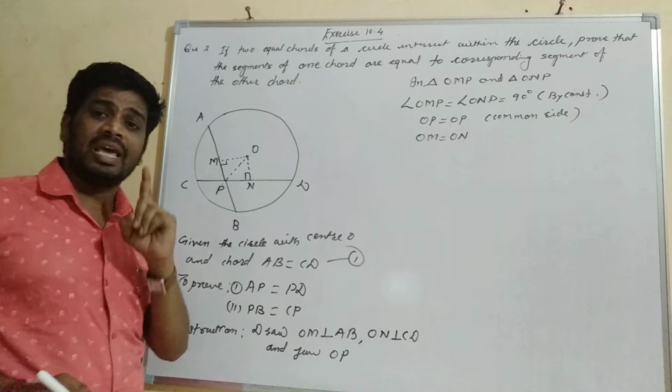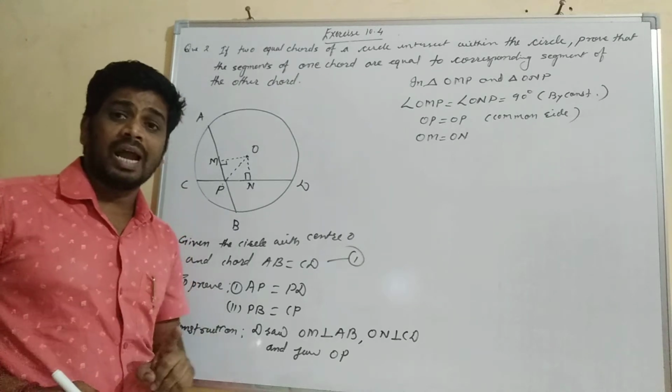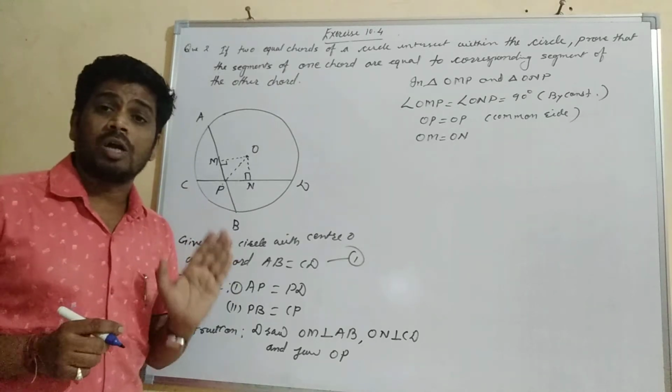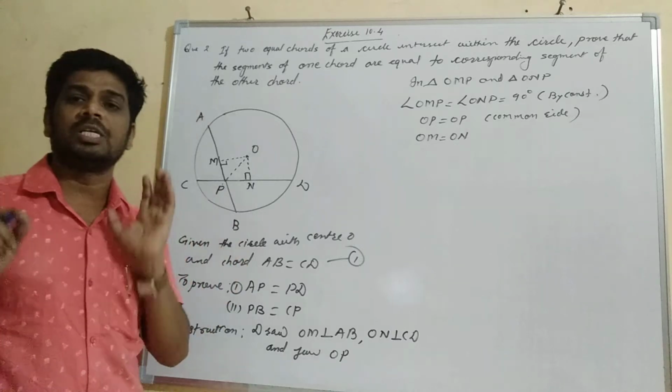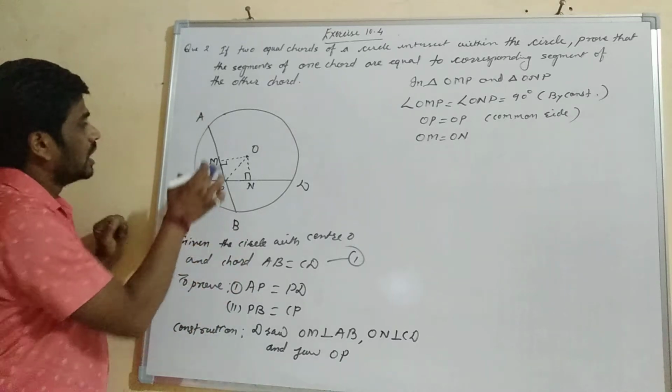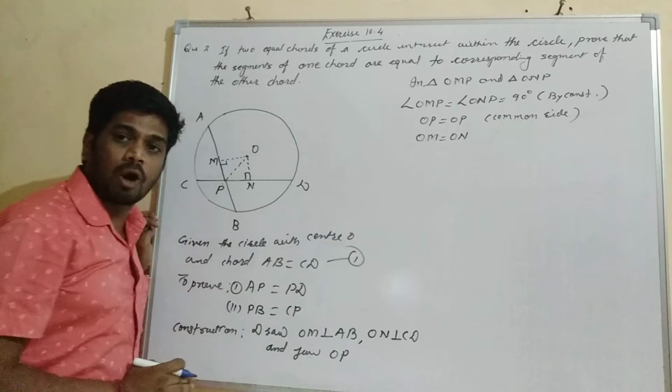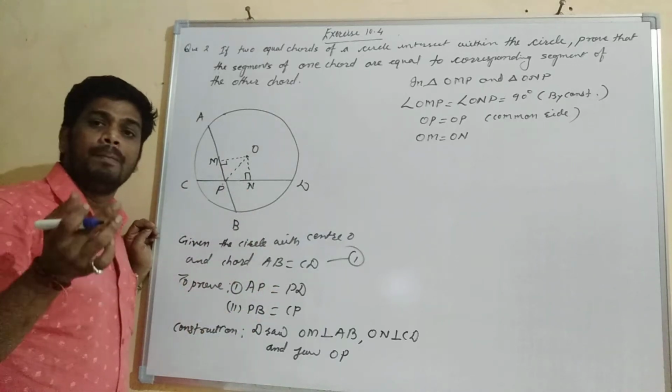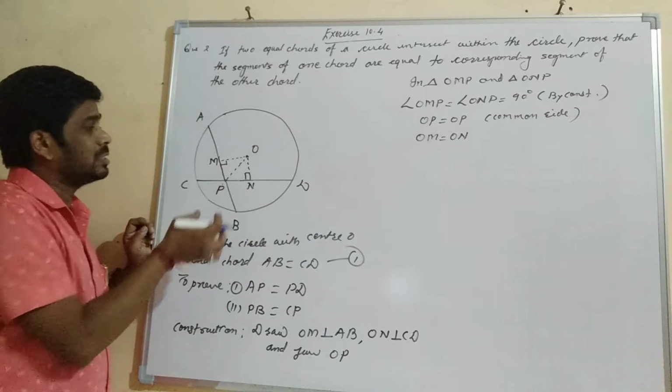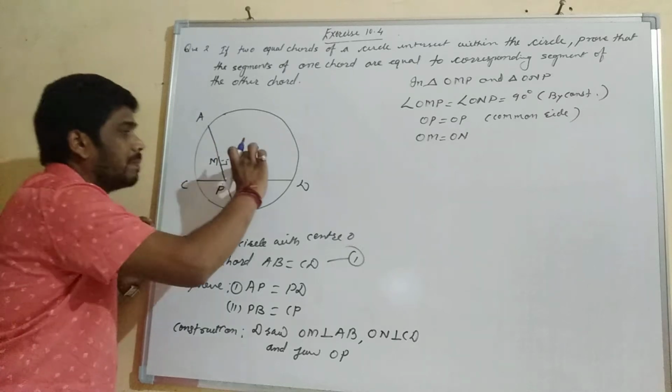We learn in theorem 10.6 that equal chords of a circle are equidistant from the center, which means if AB and CD are equal chords, obviously they will be equidistant from the center, which means OM will be equal to ON.